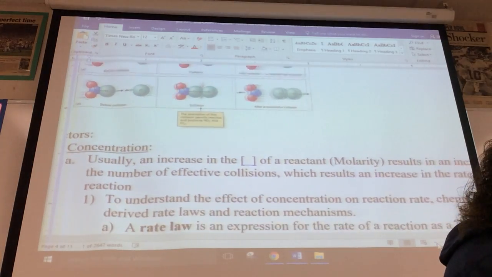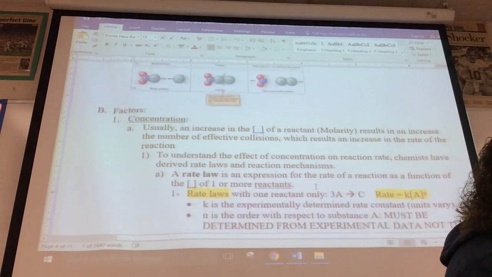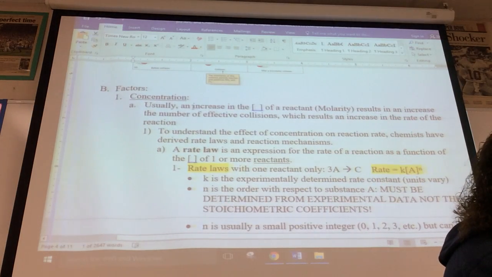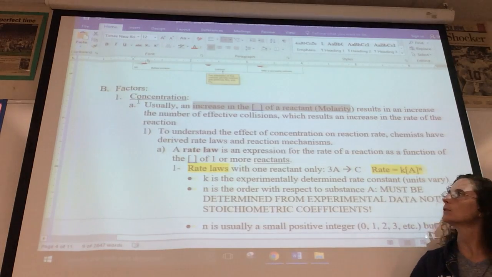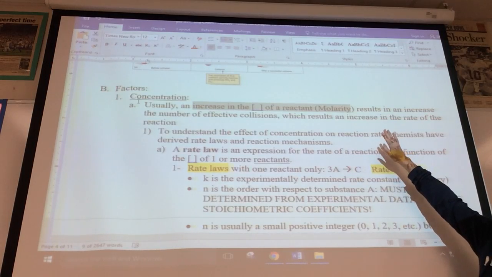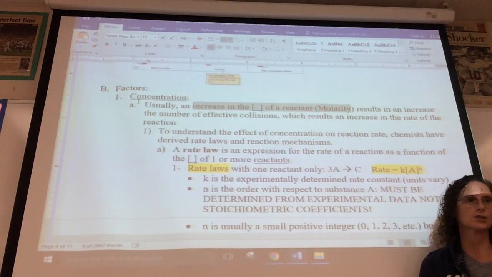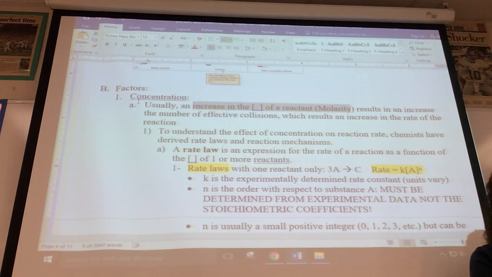Now, what we're going to focus on now is one of those factors, which is concentration. Generally speaking, an increase in concentration of a reactant will increase the likelihood of an effective collision, which increases reaction rate. Not always, but usually. There are a few instances where it doesn't.